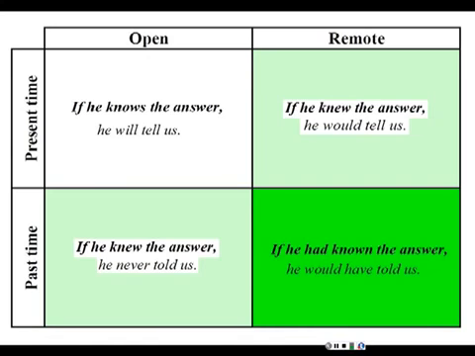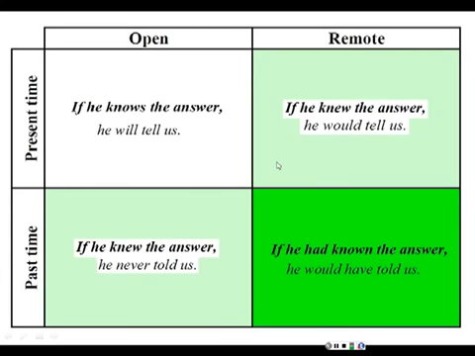Now, let's look at the bottom left here. Past time. If he knew the answer, he never told us. So it's an open conditional. It means maybe he knew the answer, maybe he didn't know the answer. We just don't know. But in any case, if he knew the answer, well, he never told us that he knew.